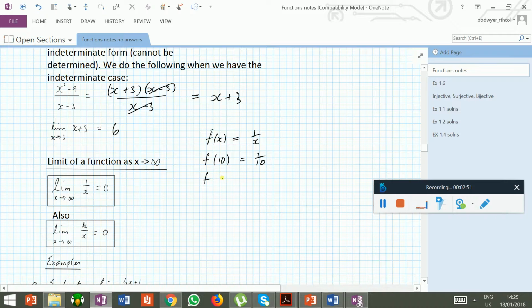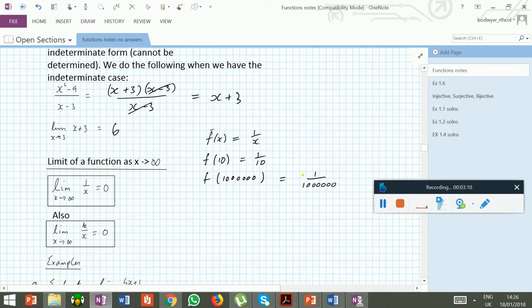Now let's take a bigger number, 1,000,000. So what you're noticing here, hopefully, is that as the numbers on the denominator get bigger, the value of the fraction actually gets smaller, okay?